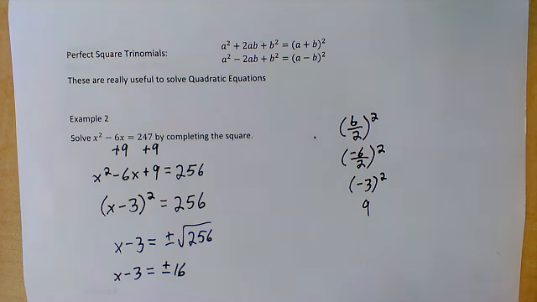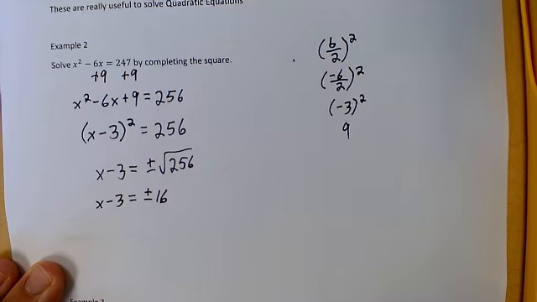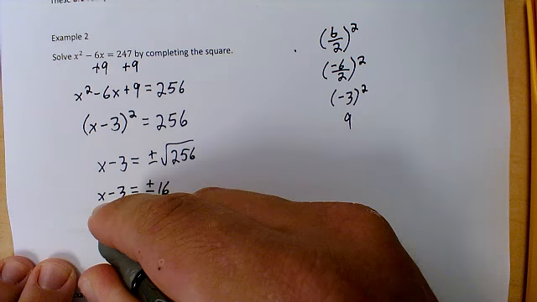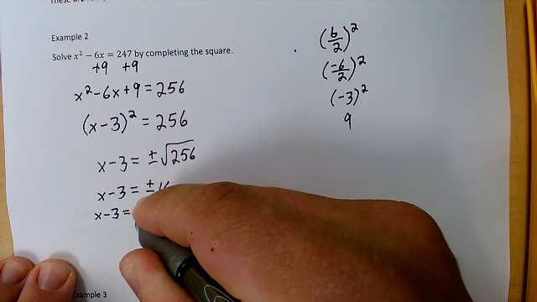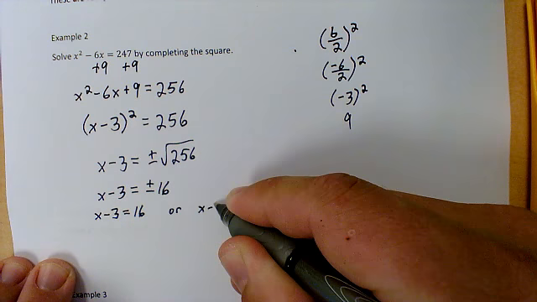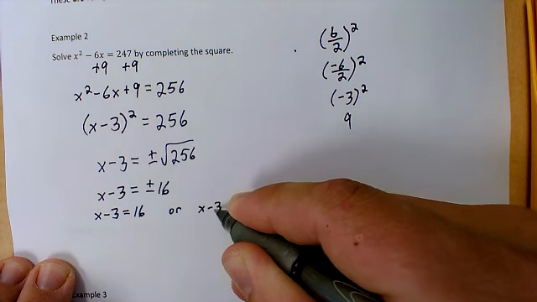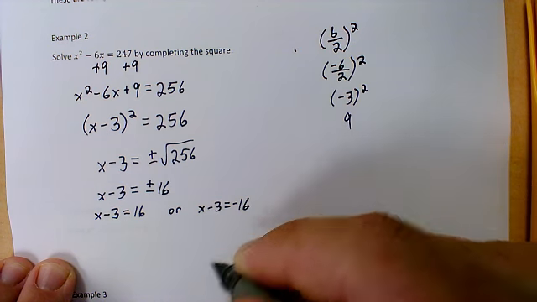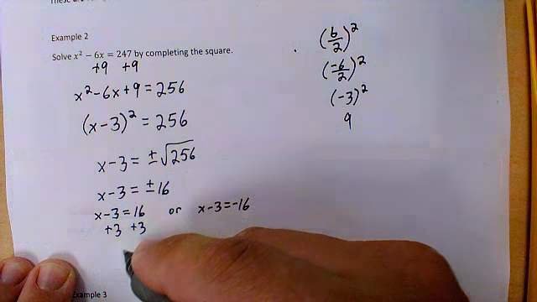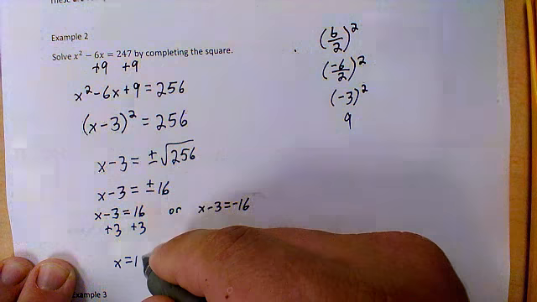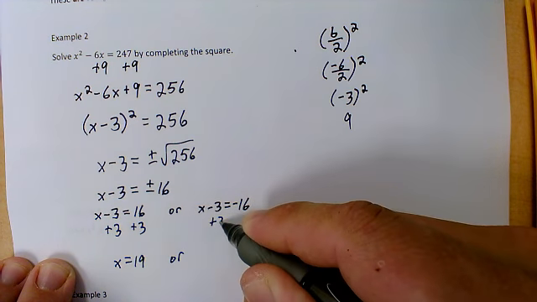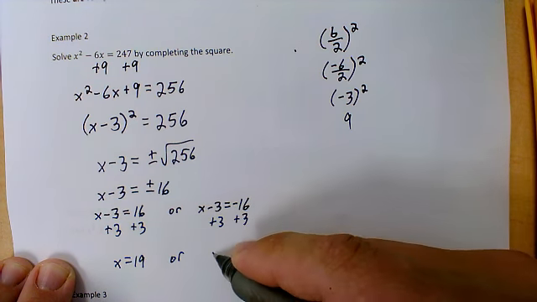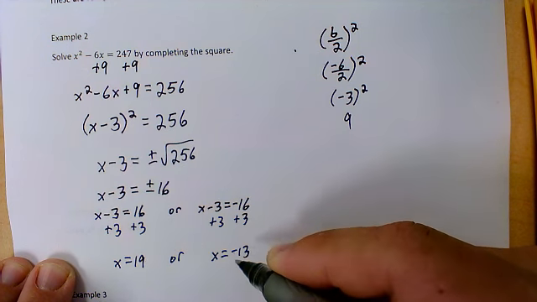Now, to wrap this up, I'm going to split that up into two equations. x minus 3 might equal positive 16, or x minus 3 might equal negative 16. Either way, I've got to add 3 to both sides, so here x would equal 19, or when I add 3 on this one, x will equal negative 13.